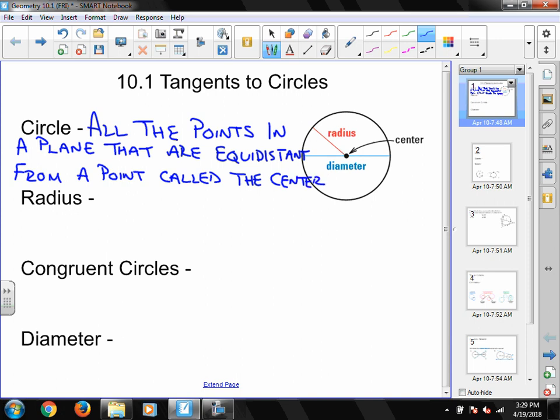So if you look on the right side of this page, I've got a circle in black, that outline, and then there's a point in the middle called the center.